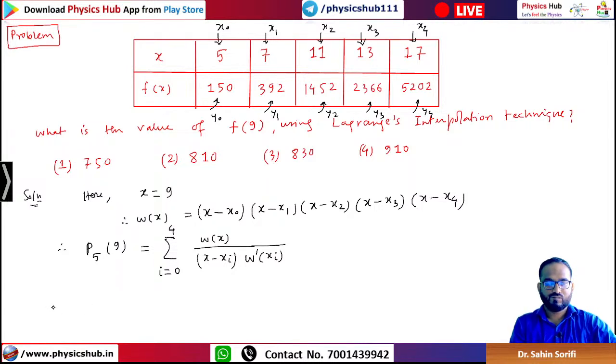Look, this will be quite big. So when you put i equals 0, x minus x0, the first term is cancelled. When you put i equals 1, x minus x1 will be missing from w of x. So only four terms will be there in the numerator, okay na? And w prime of xi will also have four terms.